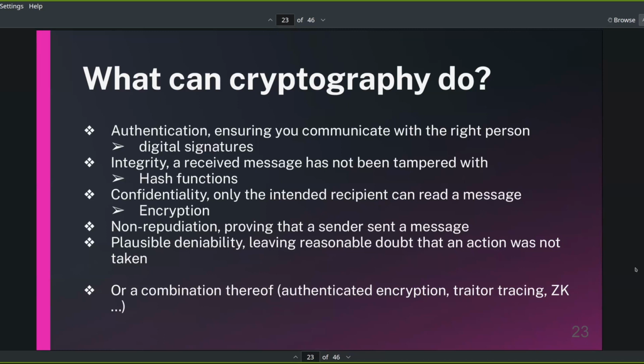You have then 2 other goals that are mutually exclusive. One is non-repudiation. You want to prove that a sender sent a message. And the other is plausible deniability. You want to leave reasonable doubt that an action was taken. So I'll give an example of non-repudiation. In the past, you had cable companies and you had people recording what was on the cable.